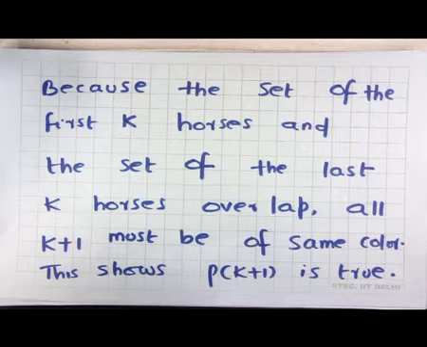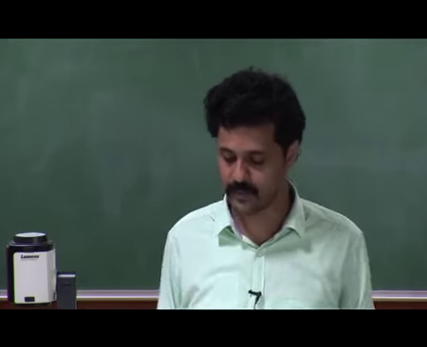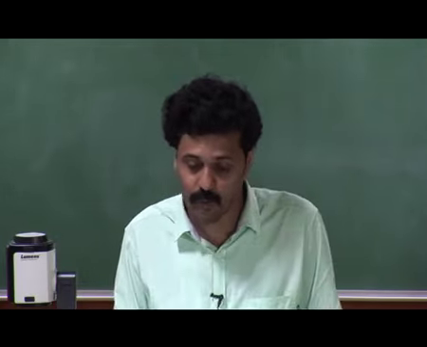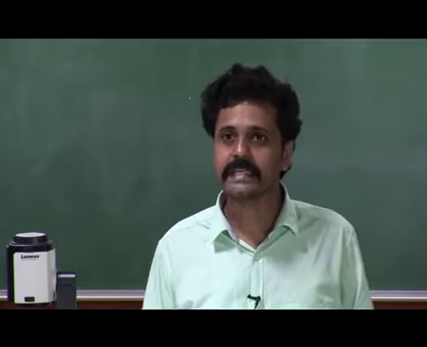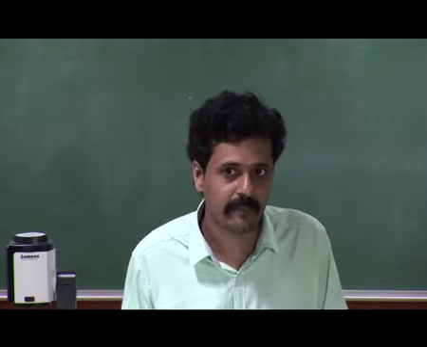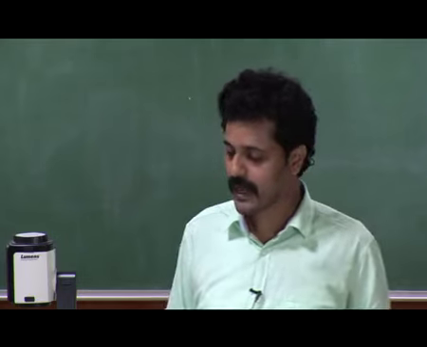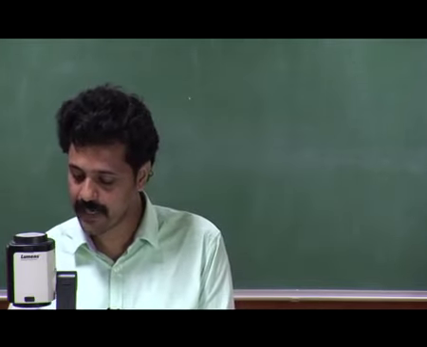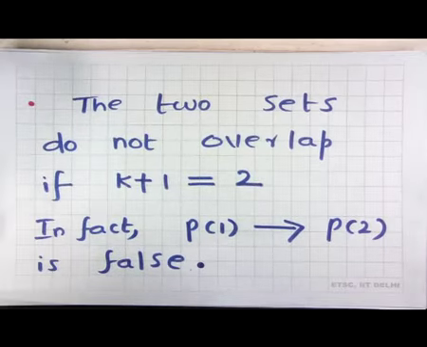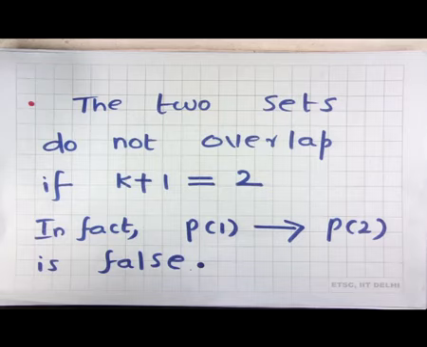Now, the question is, what is wrong with this argument? In fact, we know we cannot say any set of k horses will have the same color. The flaw in this argument is the following. The basis step is good, because a set with one horse has the same color.